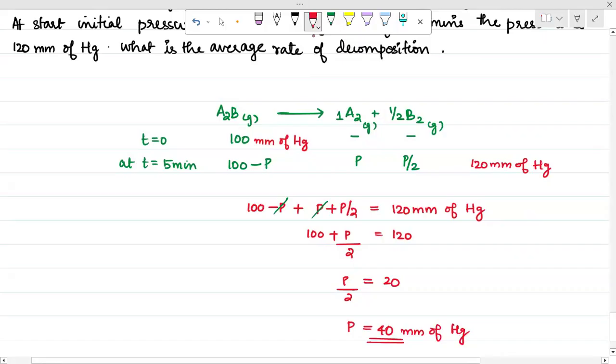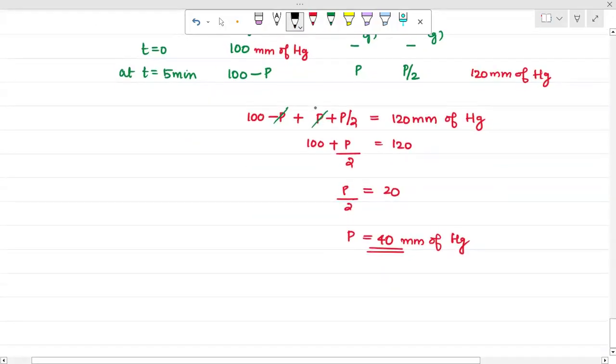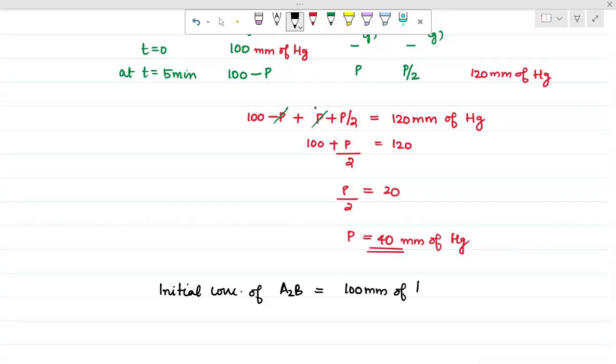So now I have the amount of gas which is reacted, 40. Correct? So what is the initial concentration? Initial concentration of A2B was 100 mm of Hg.